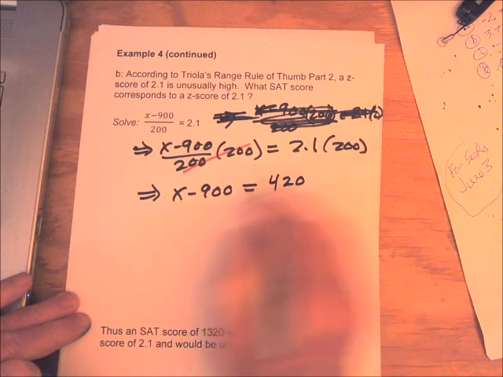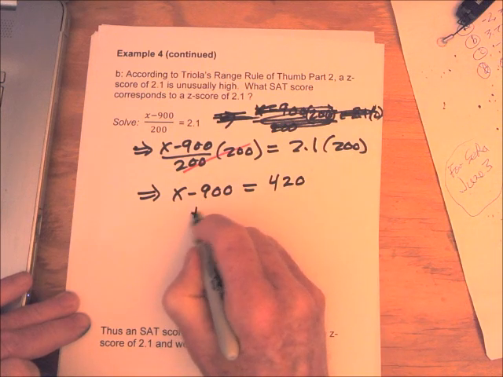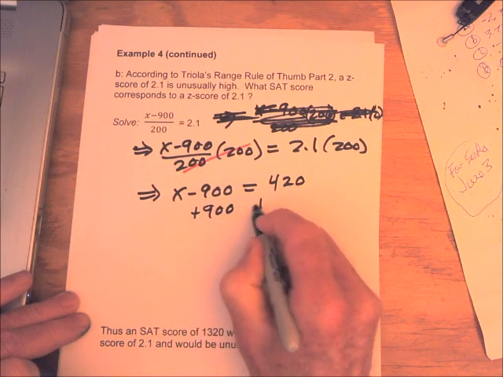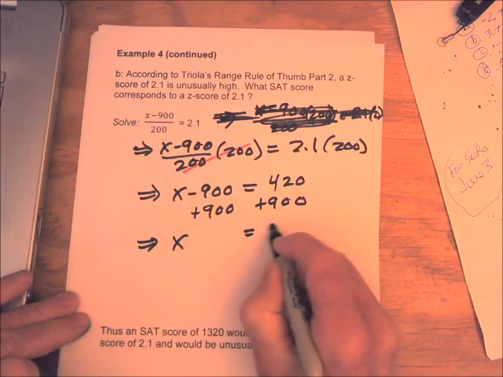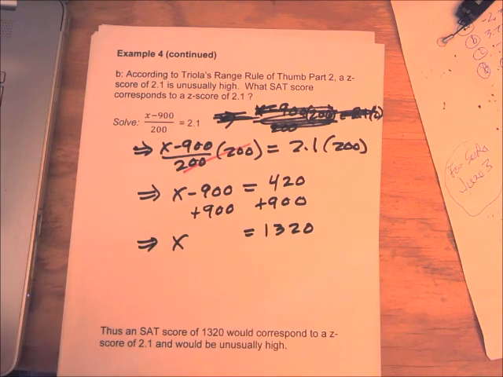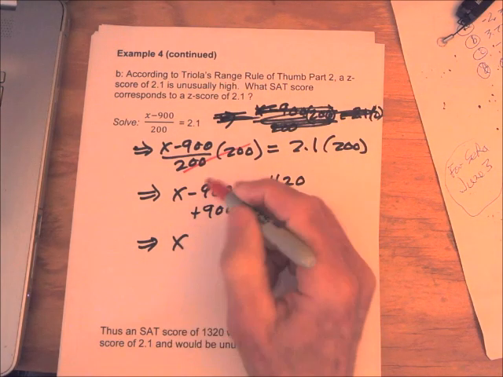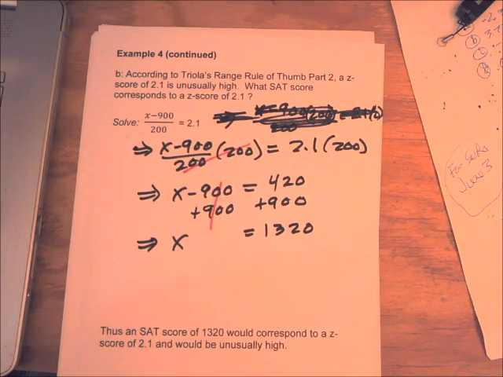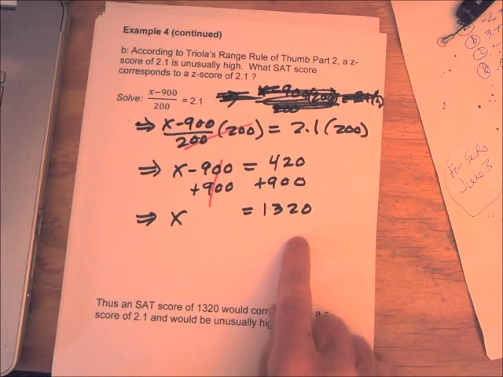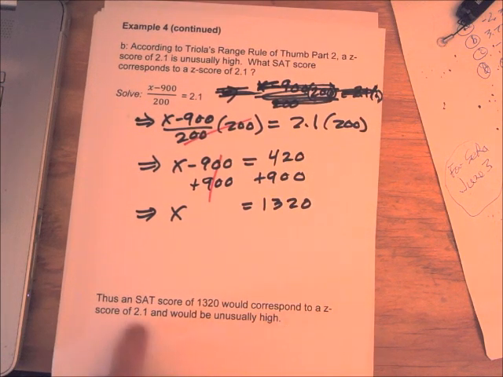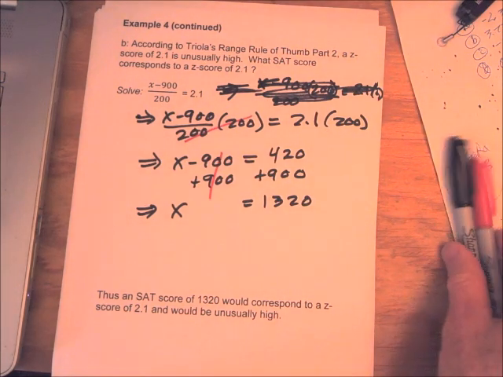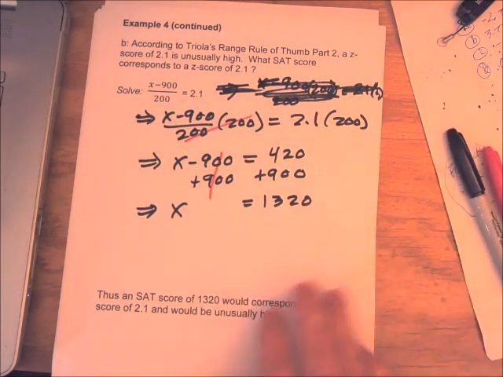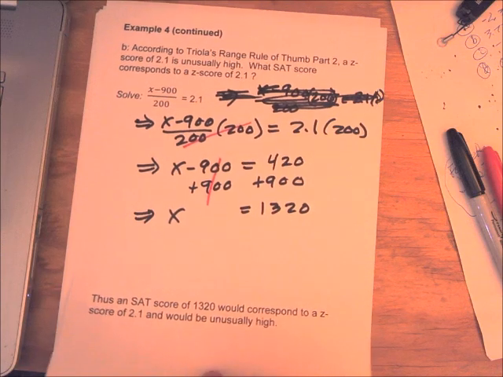And then we want to add 900 to both sides to isolate the x. And that will give us x equals 1320. So the minus 900 plus 900 will cancel. And so an SAT score of 1320 would correspond to a z-score of 2.1 and would be unusually high.